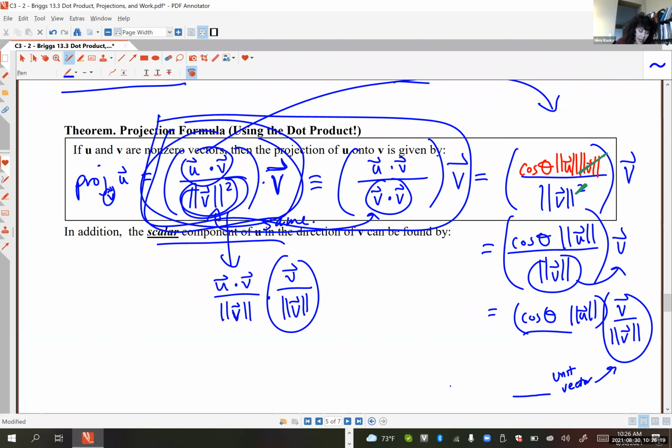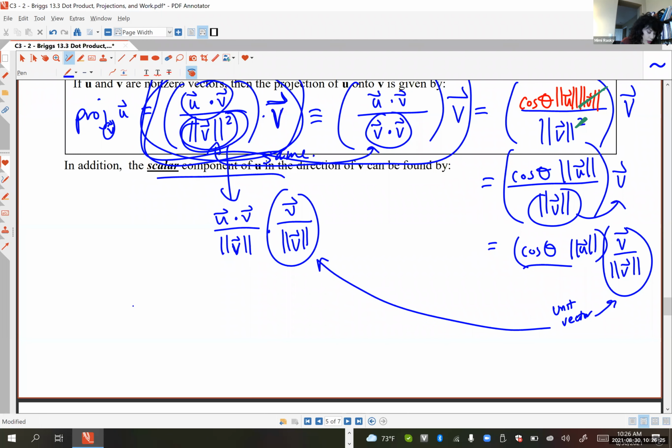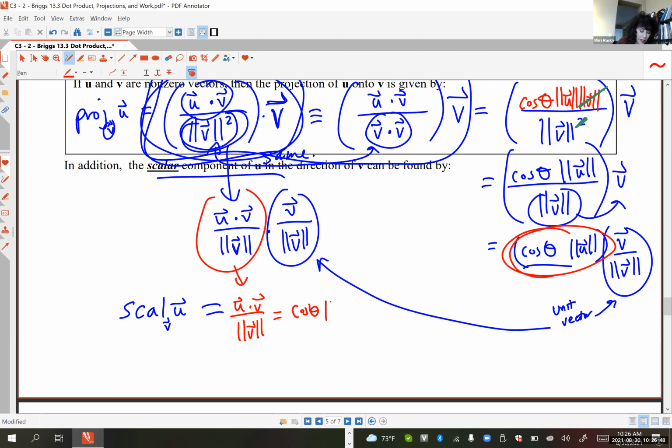This is again the unit vector pointing in the same direction as V. So the scalar component, which a lot of times they'll write as scal UV, they may use that notation, is the scalar that you can cherry pick off. So there's two versions of it. That version, which should be equivalent to this scalar multiplied with the unit vector for V. So either one of those formulas is going to give you the scalar component of U in the direction of V. So we're going to do some examples here, so don't worry.